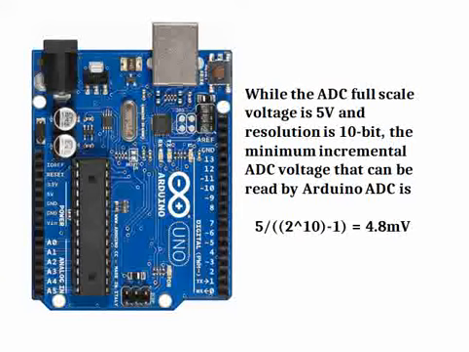So now we are saying the full scale voltage is 5 volts, and the resolution is 10 bit. That meant, considering these two inputs, we can read any analog voltage from 0 to 5 volts, right? But there is a minimal incremental voltage which can be read.